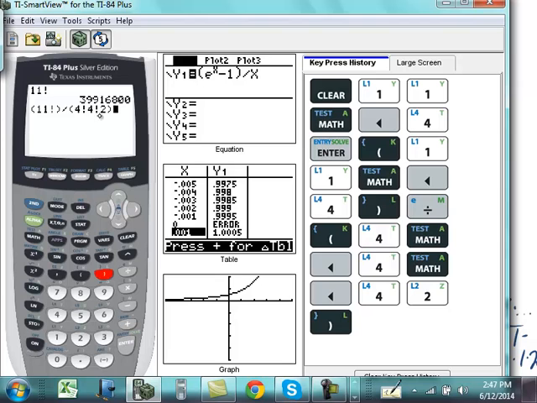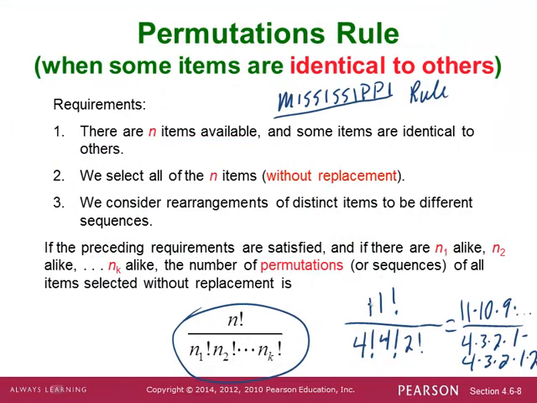And by the way, it's okay for you to leave these guys next to each other, because the calculator knows that that means to multiply. And we are left with 34,650. So there's 34,650 distinguishable permutations of the letters Mississippi. Okay?